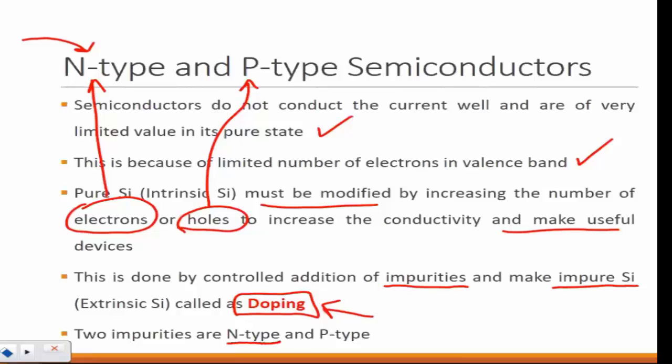But in P-type, the majority is the positively charged and the minority is the negatively charged. If you have more electrons compared to the positively charged, that's N-type. If you have more positively charged compared to the electrons, it's P-type.